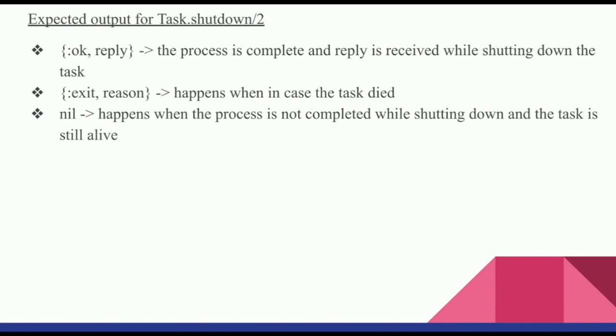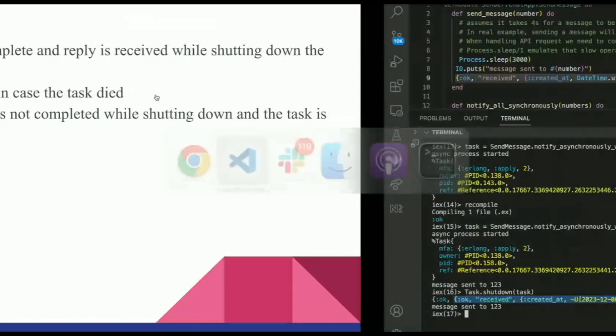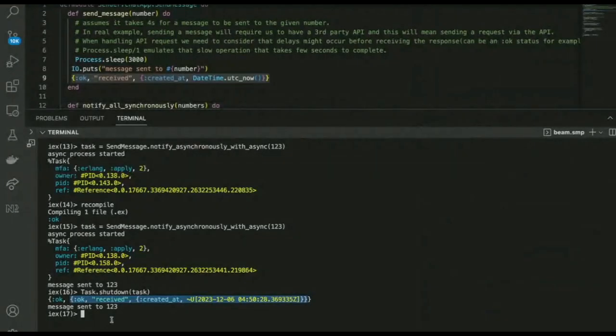So we can use that, then call task.shutdown when you already know that the task has exited. So let's try that. This is for demonstration purposes, but you can also think of something else. There are many reasons which can cause a process to die.